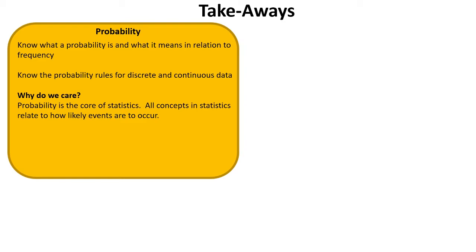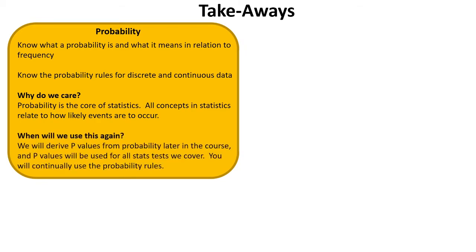All the concepts in statistics relate up to this one of how likely events are to occur. And we're going to use it again constantly, and specifically we'll use probability to derive p-values later in the course. You'll just continuously use these probability rules over the course of this course and your life.